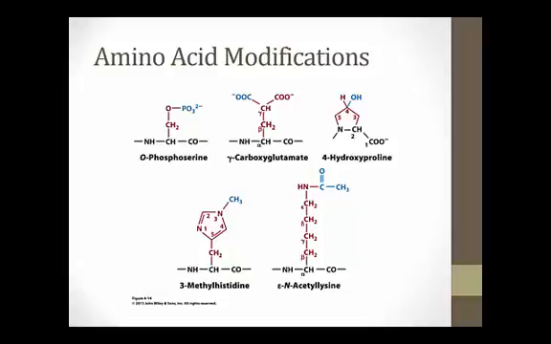As you will see later on when we start talking about glycolysis and other metabolic processes, we'll see that the phosphorylation of certain enzymes is required to activate or deactivate the enzyme in certain processes. These modifications can also be used as a means to target and tag a protein for degradation in the cell. We will also see later on how proteins can become glycosylated, where sugars are covalently attached, as a means of cell-to-cell recognition.